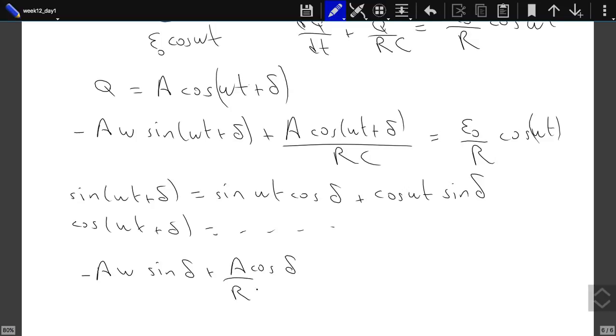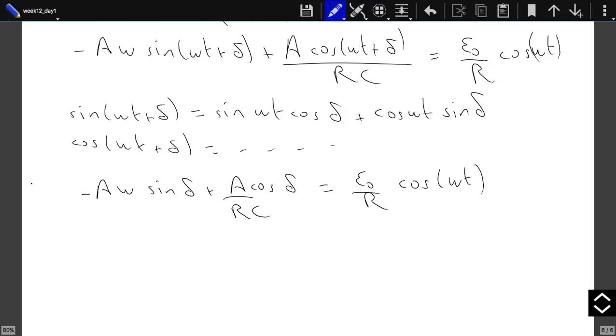This should be equal to epsilon 0 over R. And it should be also true when omega t is equal to pi over 2. Well, when omega t is equal to pi over 2, sine of pi over 2 plus delta is cosine delta.